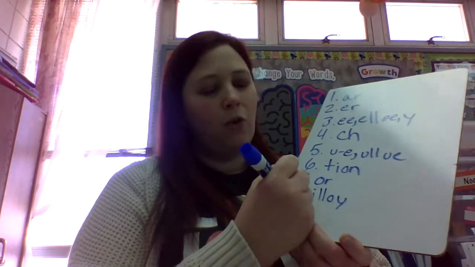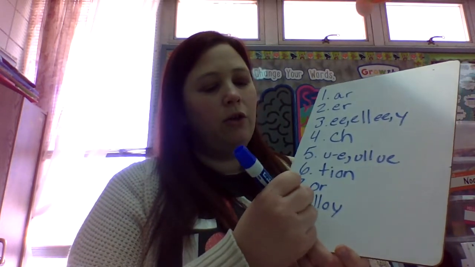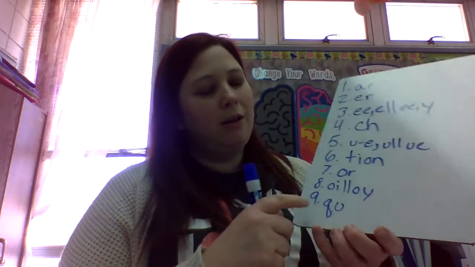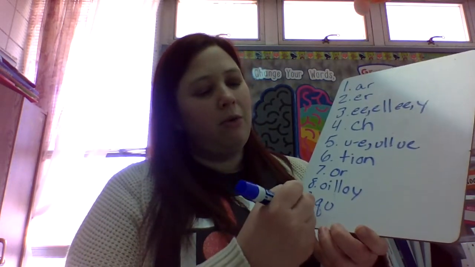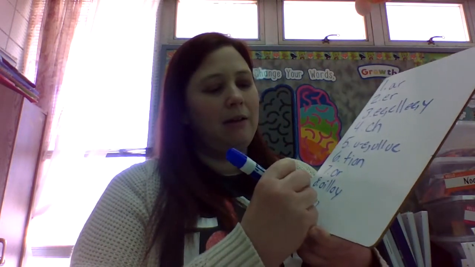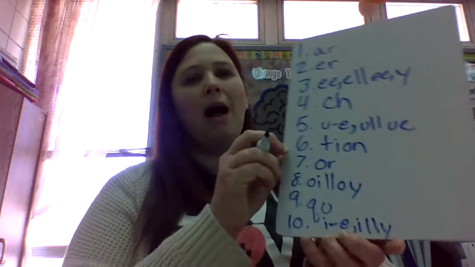Number 9 is qu, and that is Q-U. That looks like an A, but it's a Q, sorry. And number 10, we have I. So that's I, consonant E, comma, I, or as a final sound, Y, like in cry.